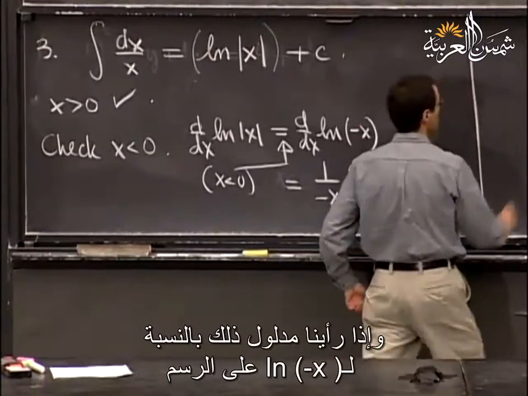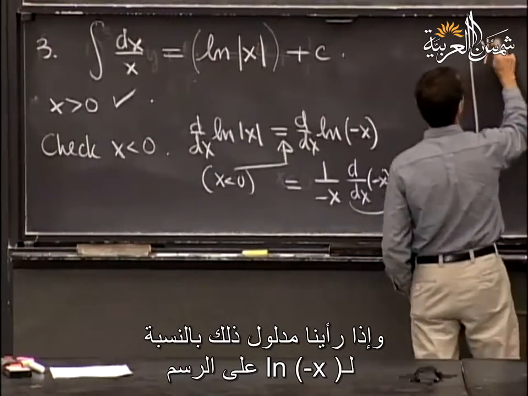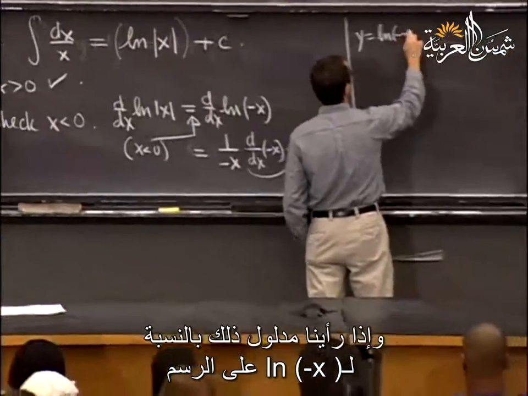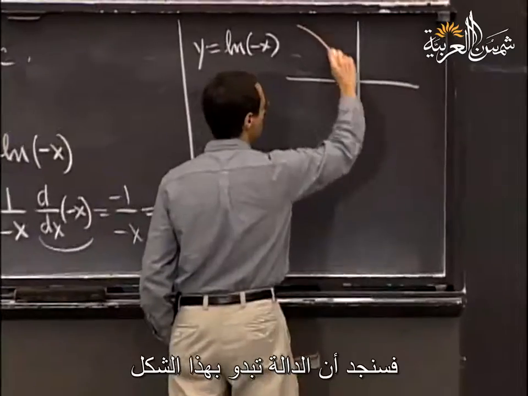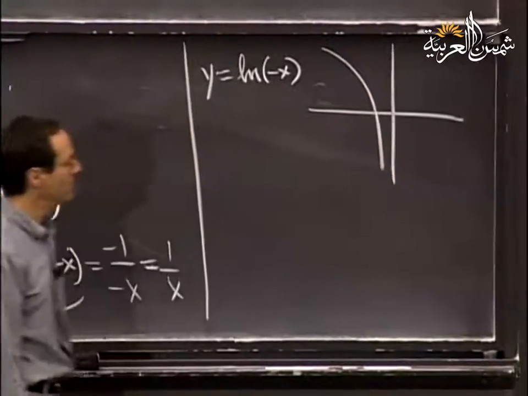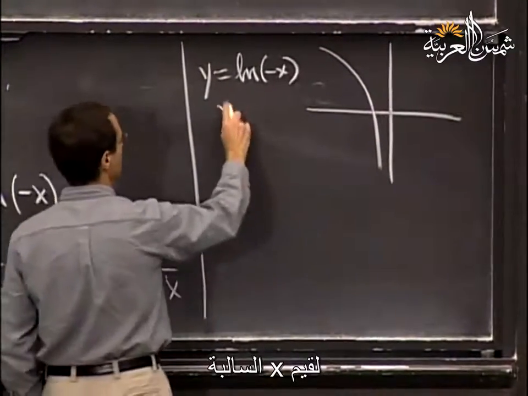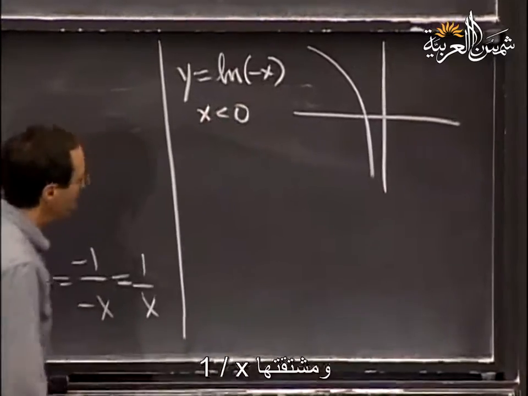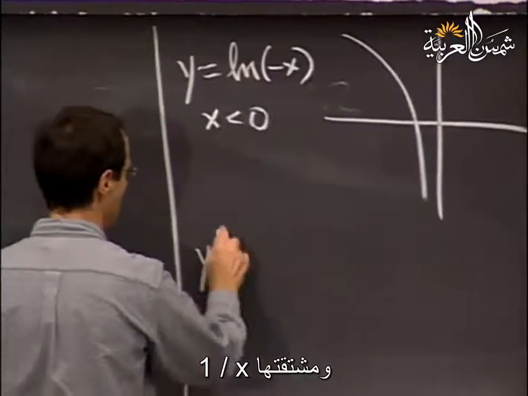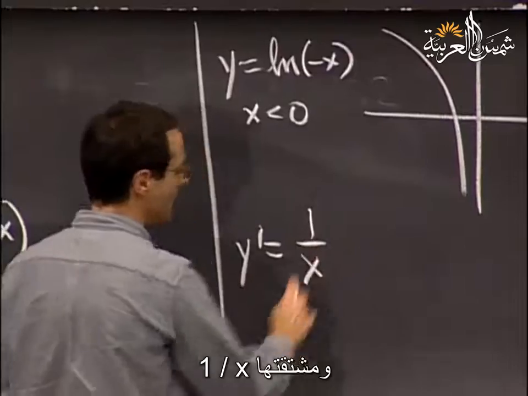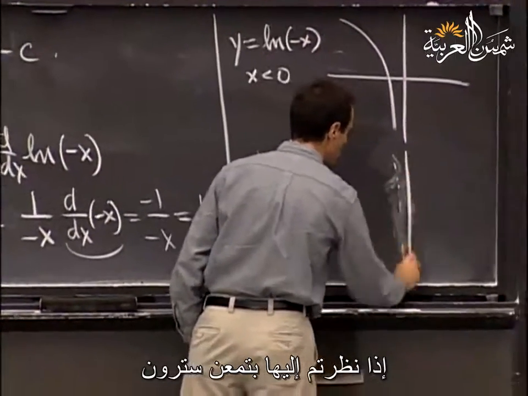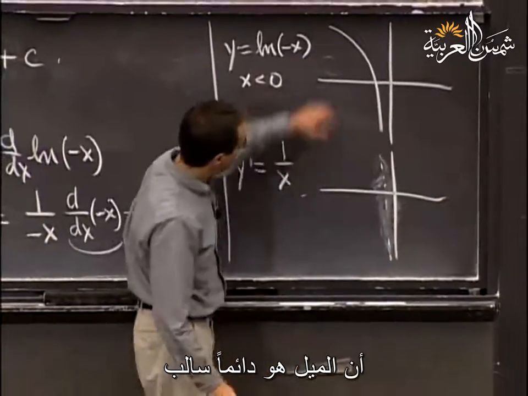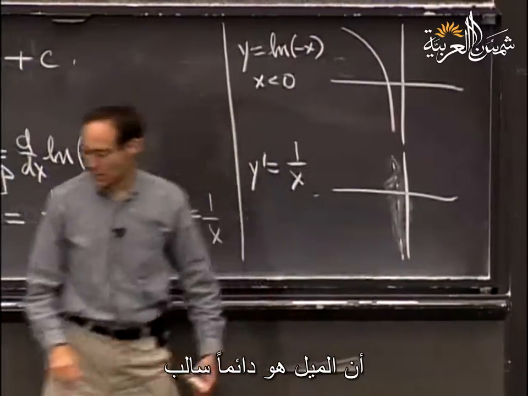If you just keep track of this in terms of log of negative x and its graph, that's a function that looks like this for x negative. And its derivative is 1 over x, I claim. And if you just look at it a little bit carefully, you see that the slope is always negative.